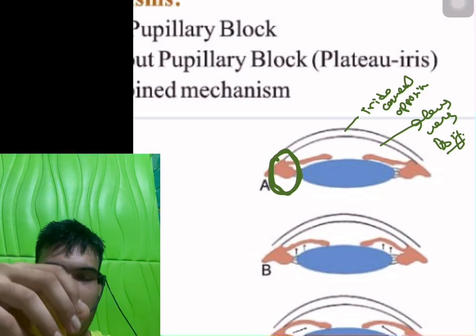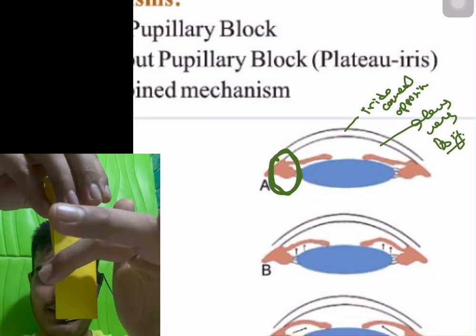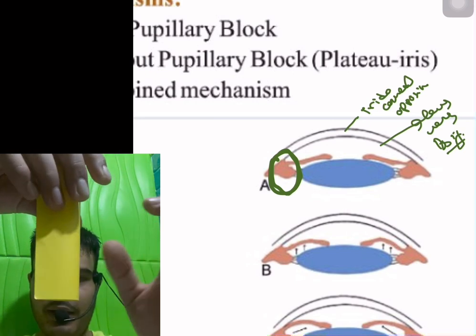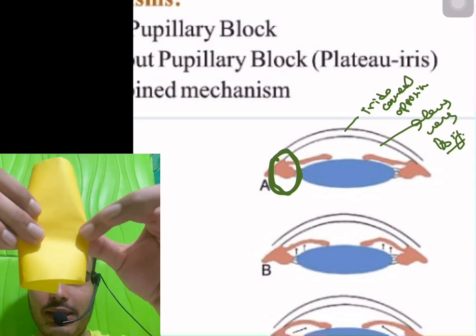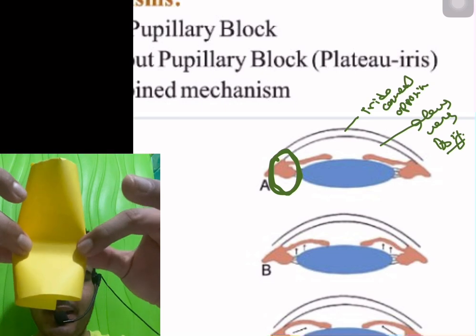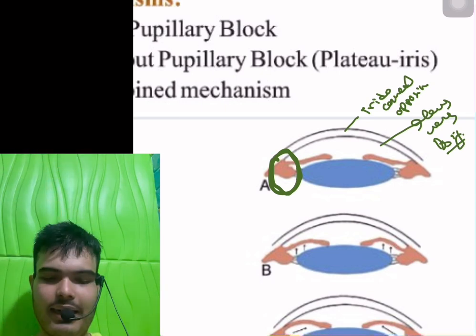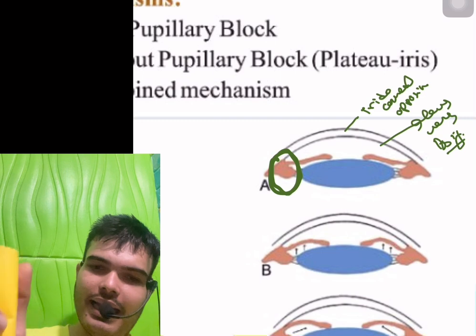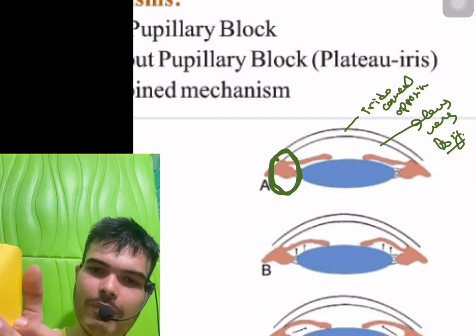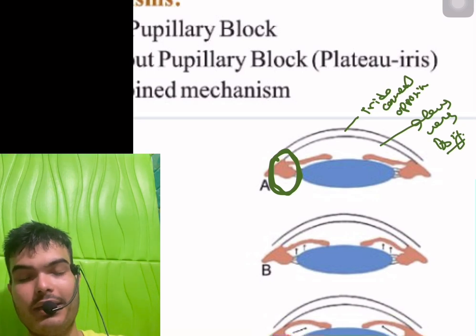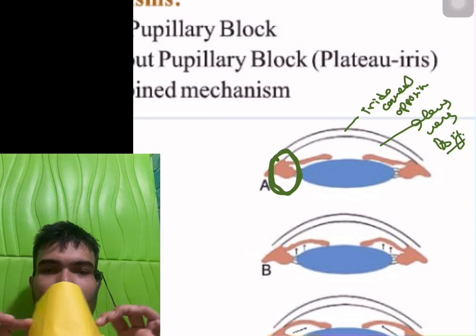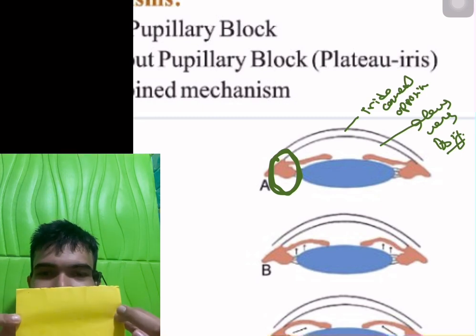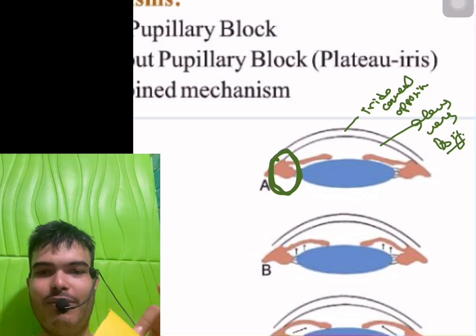Now if you look at the diameter of this iris, it is like a cylinder. But what happens if you press it, if you make it thicker? The small length which was seen when it was a cylinder now becomes enlarged. When I compress it and it becomes flat like this, it takes more area.